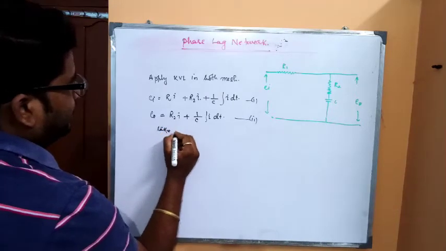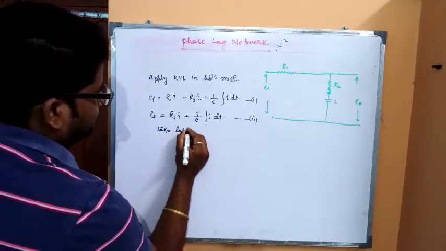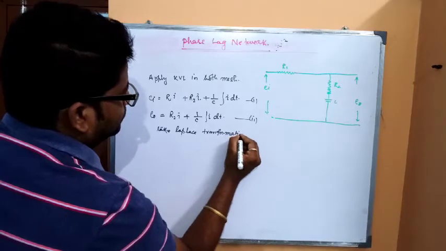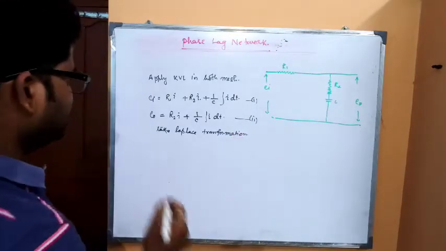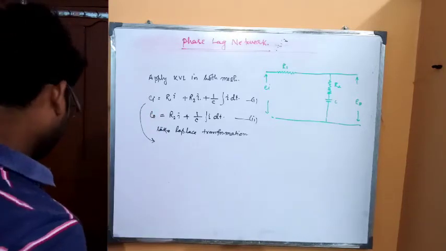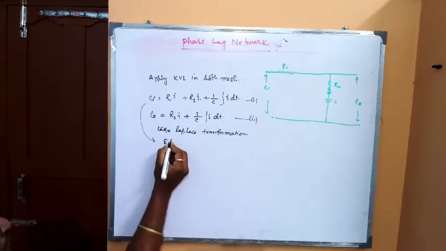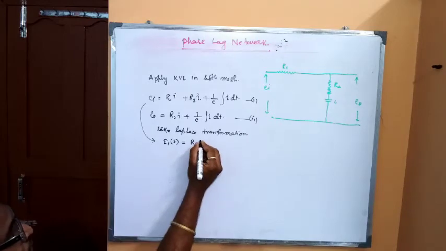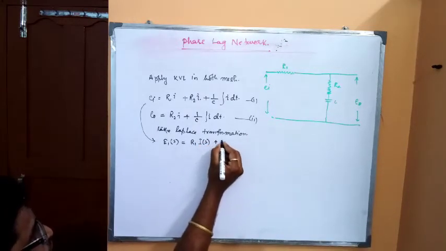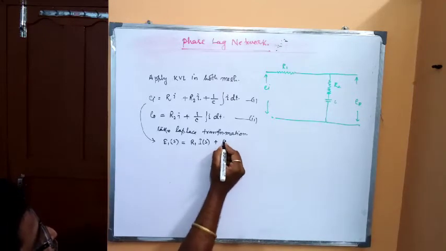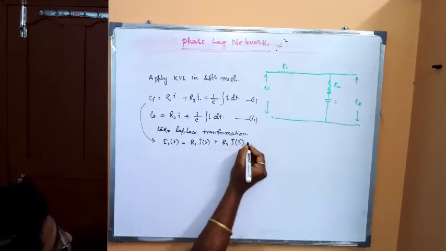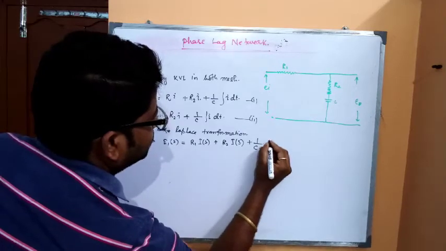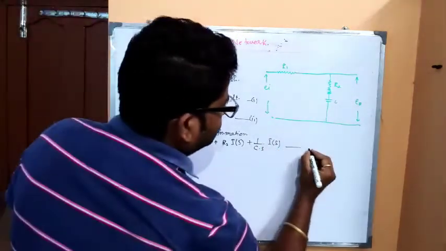If we take the Laplace transformation, equation 1 becomes E of i of S equal to R1 I of S plus R2 into I of S plus 1 by C S into I of S. So this is equation number 3.